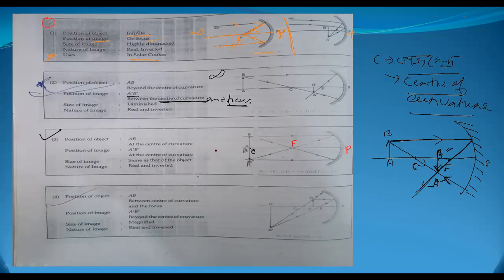Leave some space here so that you can write later on the position of the image and size of the image. Now see, this is your concave mirror. Whenever you draw it, draw with measurement. Suppose if you take PF equal to 5, you have to take CF also 5.